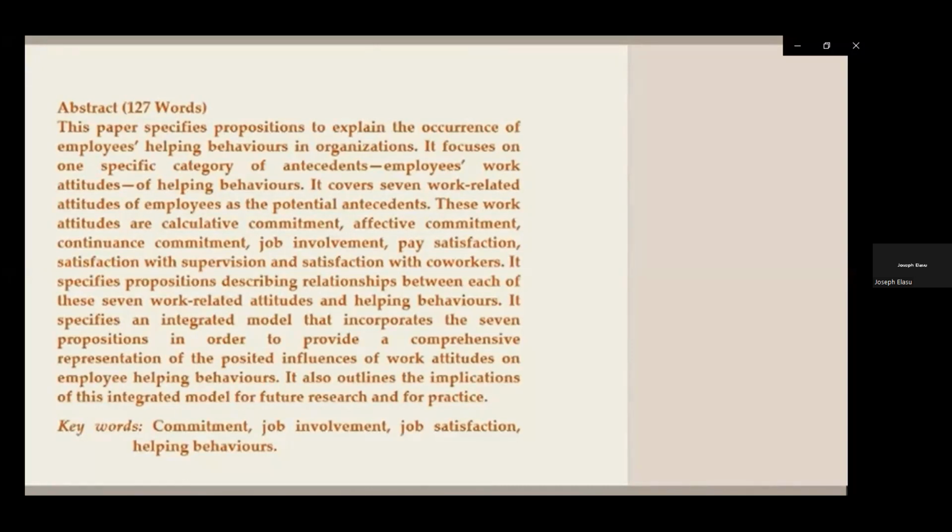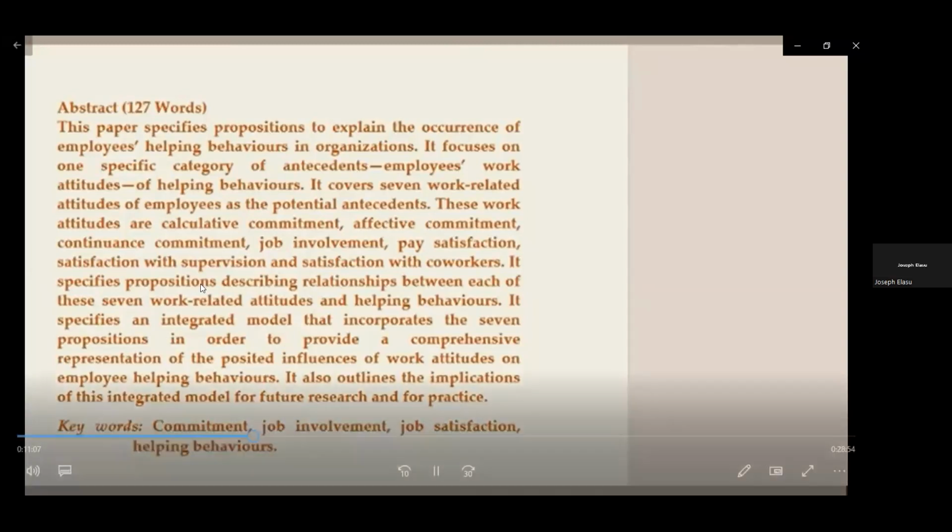It specifies propositions describing relationships between each of these 7 work-related attitudes and helping behaviors. It specifies an integrated model that incorporates the 7 propositions in order to provide a comprehensive representation of the positive influences of work attitudes on employee helping behaviors. It also outlines this integrated model for practice.